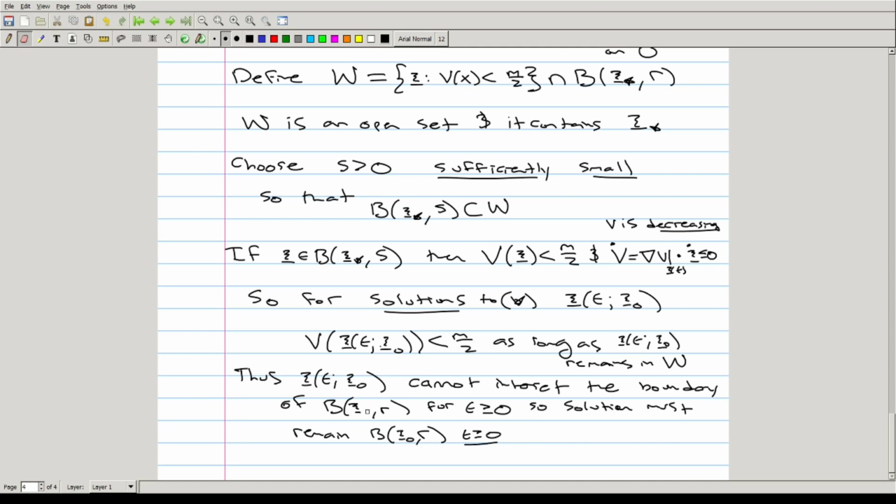Oh, and this should be xi star right here. And this is exactly the definition of stability. So xi star is a stable equilibrium point.